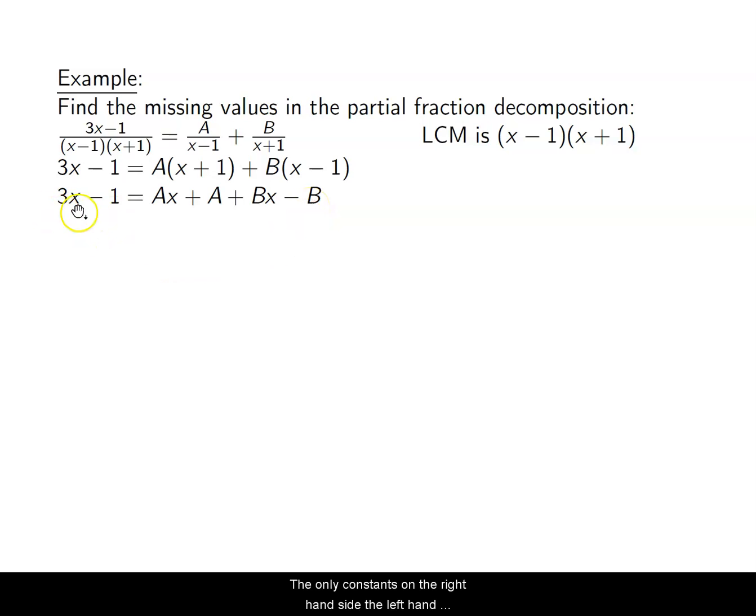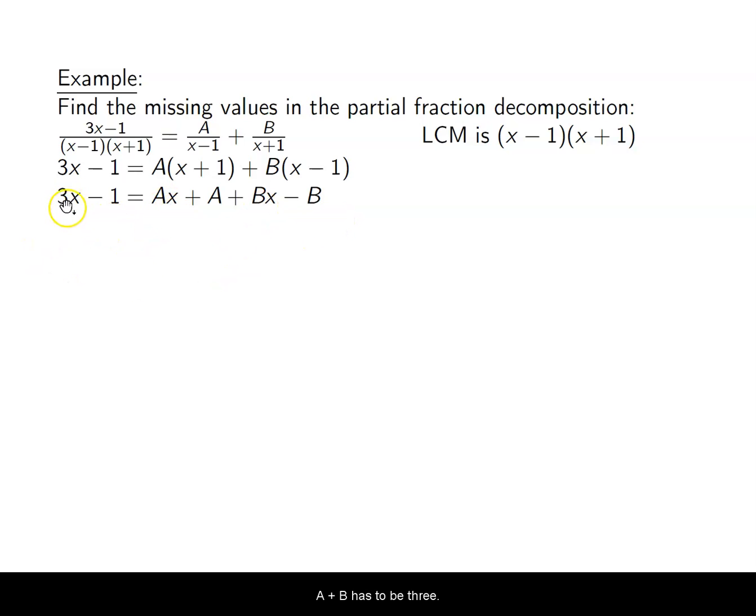The only constant on the left-hand side is negative 1. So that means if I take this constant value and add it to this constant value, I need to get negative 1. The only values that are x's on this side are ax plus bx. That has to equal 3. So a minus b has to be negative 1.